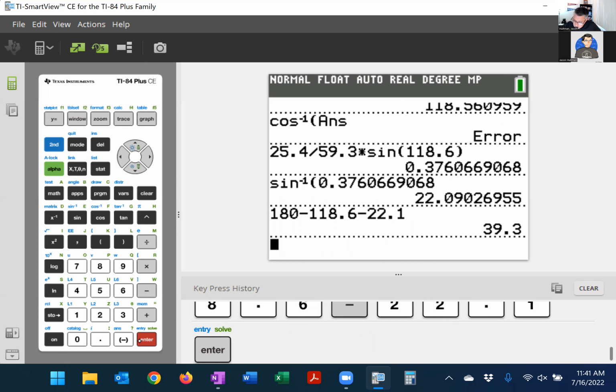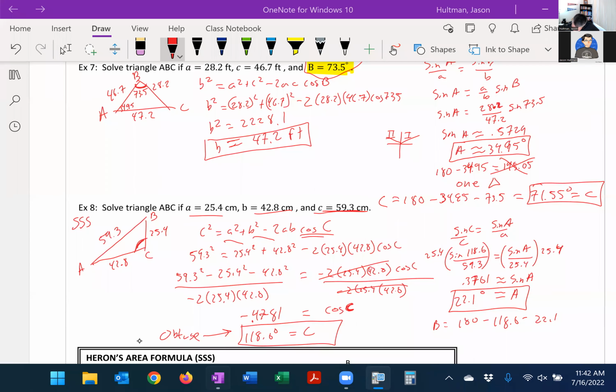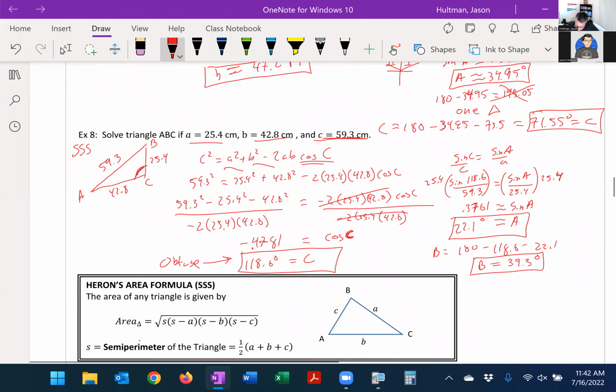So 39.3 degrees. I want to update my notes here. Okay, so 39.3 degrees is B. Perfect.